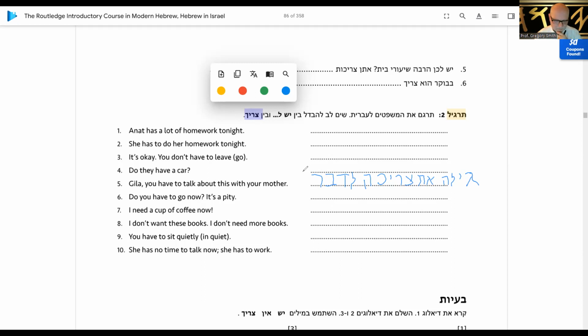Okay, Gila ata zarich, you need two. And then we need ledaber. Ledaber. Okay, Gila, you need ata zarich ledaber la ima shalka, to your mother. Okay, so let's try that.